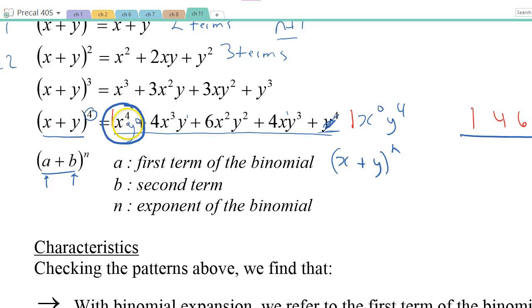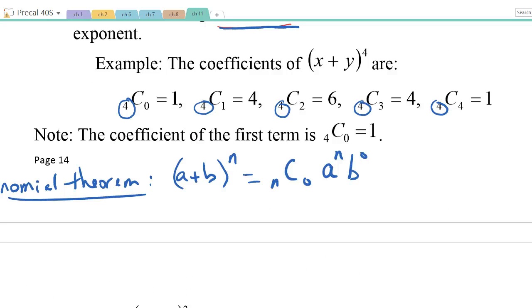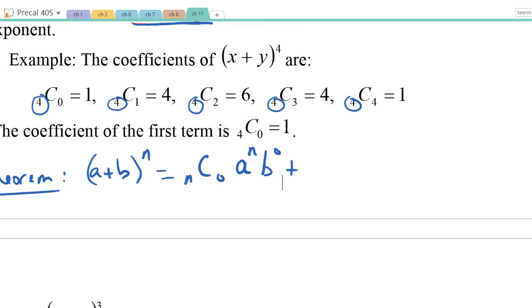And now what happens is that the exponents for the x are going to come down, the exponents for the y are going to increase, and we're going to follow that same pattern for the coefficients. So our second term is this one here, so it's 4C1. Sorry, now I want to use the generic term, so I'll say nC1.